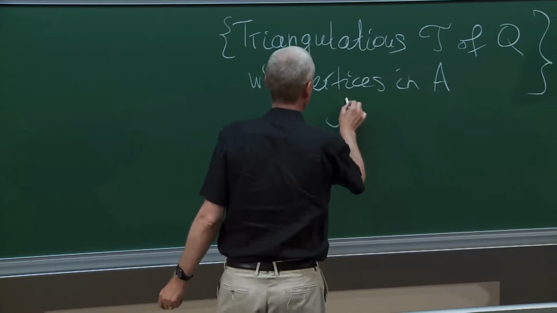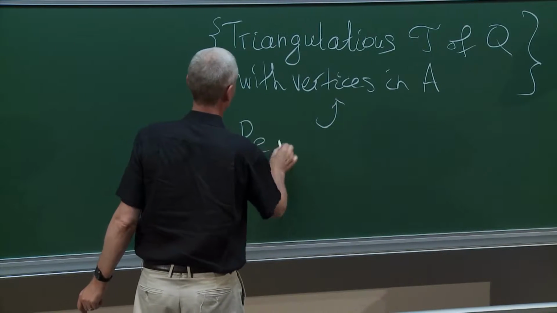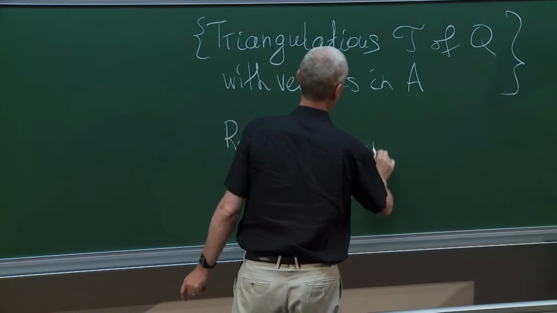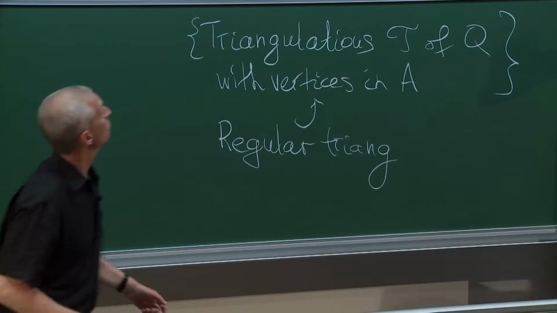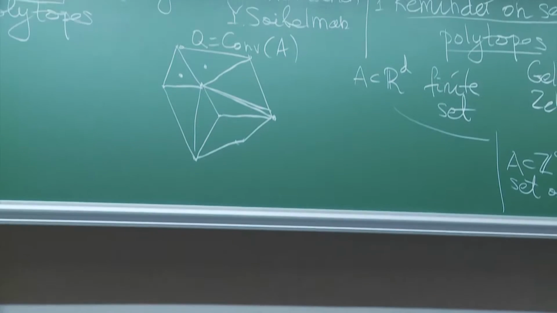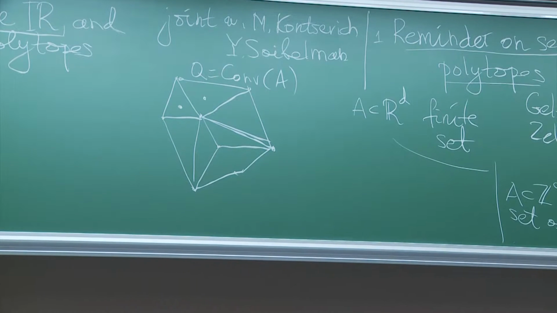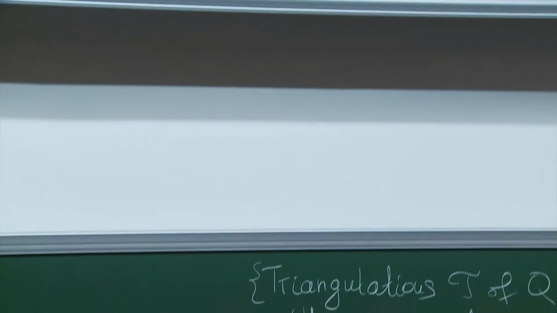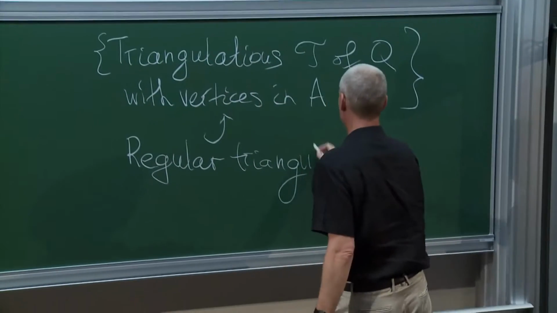Inside it there are so-called regular triangulations, those which possess a piecewise linear convex function with respect to this triangulation, which is strictly convex in the sense that it breaks down on every intermediate face.